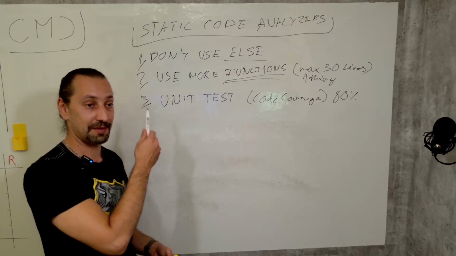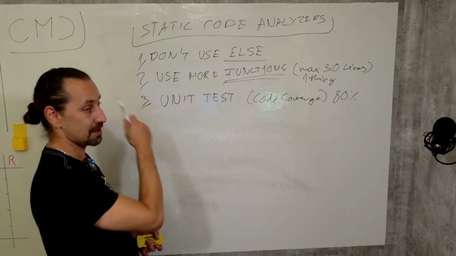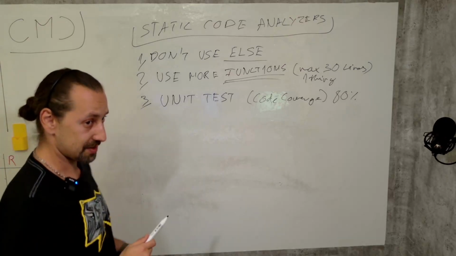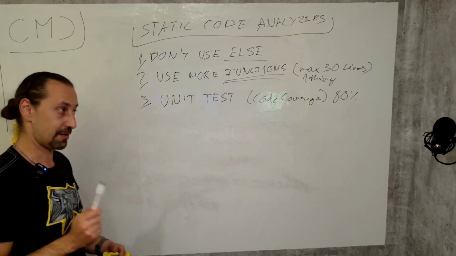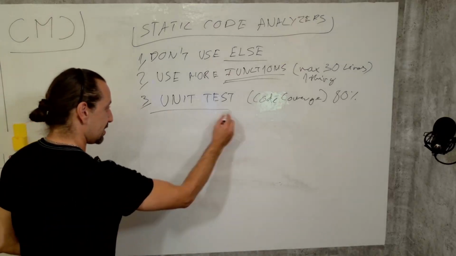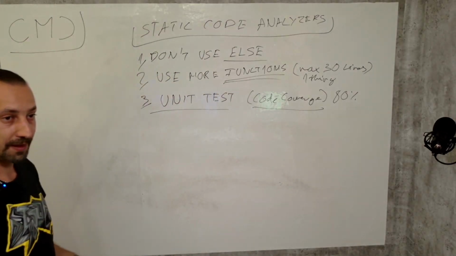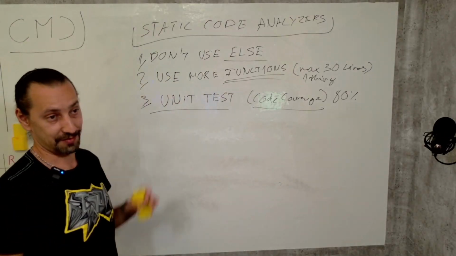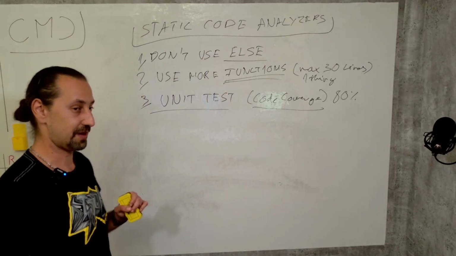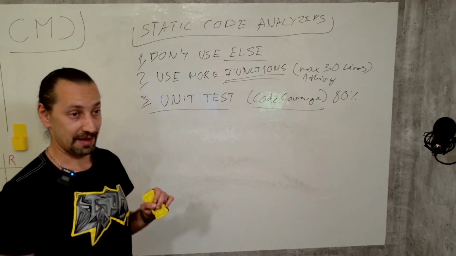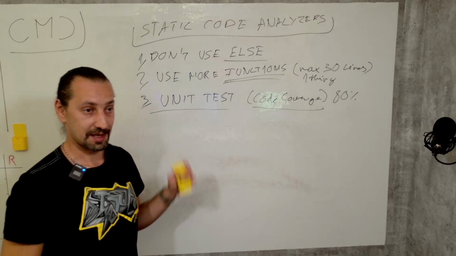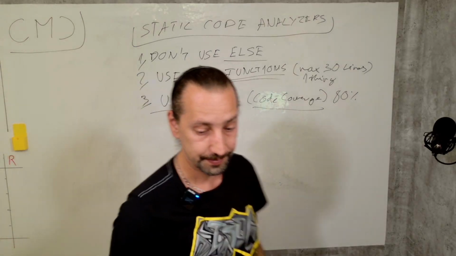It will be shown in the static code analyzers, because one of their metrics is what is your code coverage? So it will also fix a static code analyzer issue by introducing test coverage to your code.